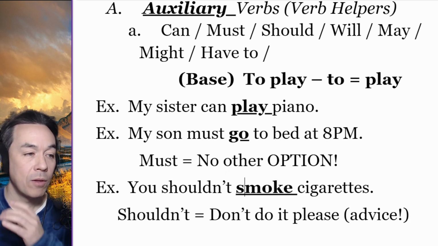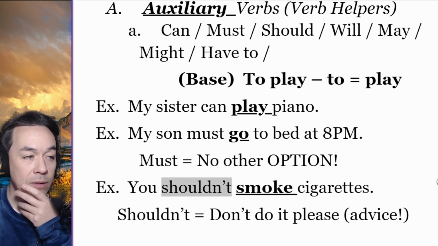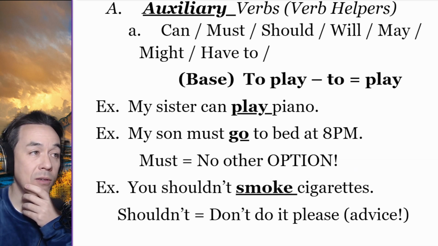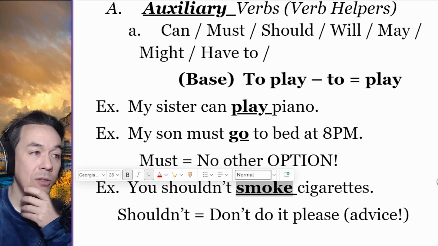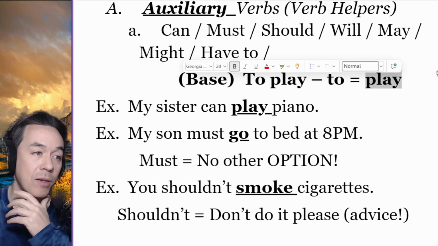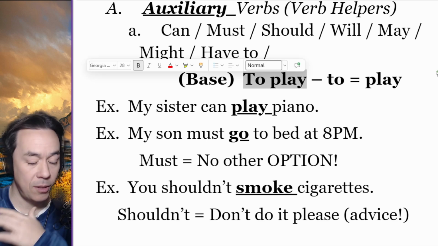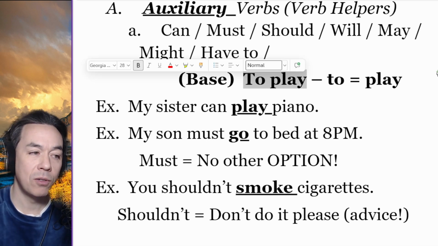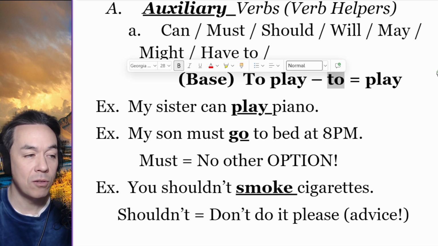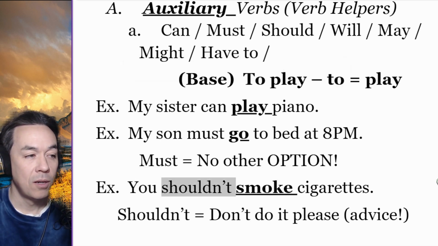Right, so yeah, that's all you have to remember is that when these auxiliary verbs are here, then the main verb returns to the base version, which is just the to whatever, to smoke, to play, to go, minus the to, then it returns to this smoke, right?